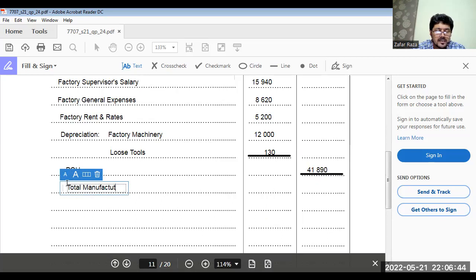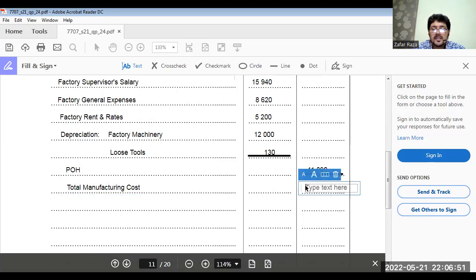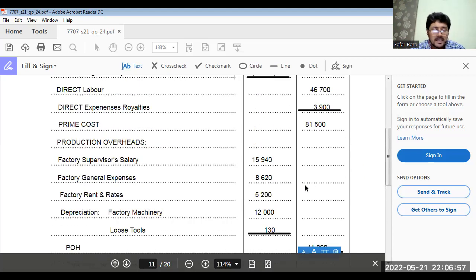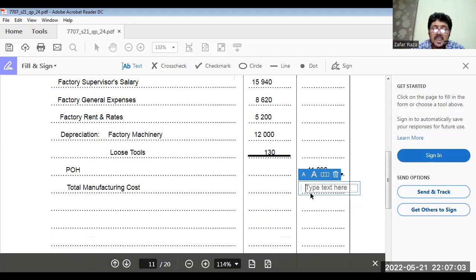How much? 81,500 plus 41,890 is 123,390. Total manufacturing cost 123,390.